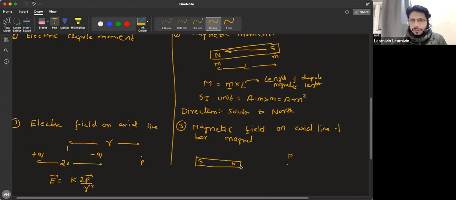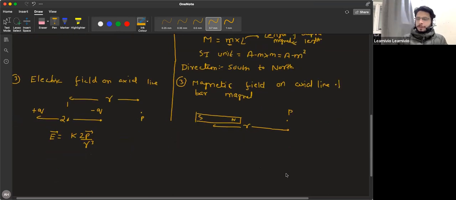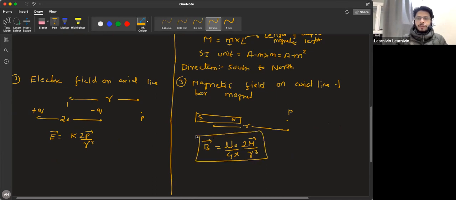This point is on the axial line, on the axis of the bar magnet. The expression of magnetic field at this point is B equals mu naught by 4 pi into 2M by r cube.